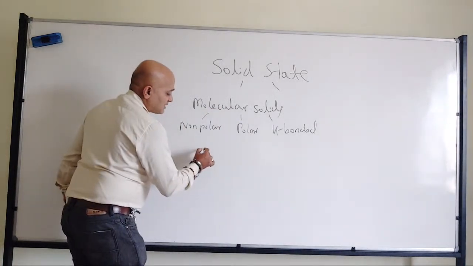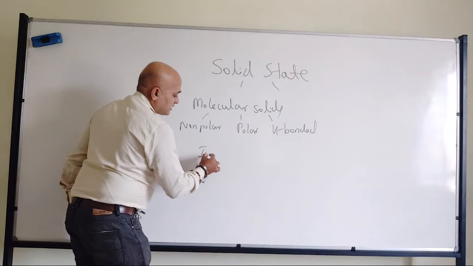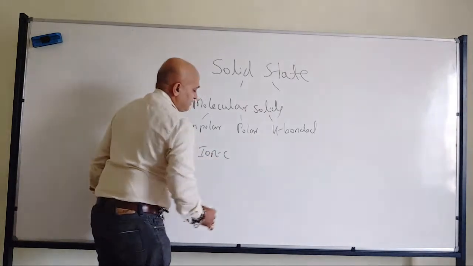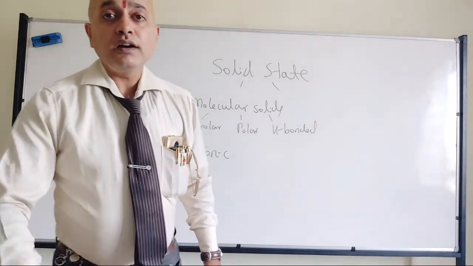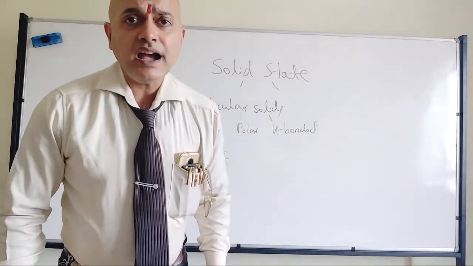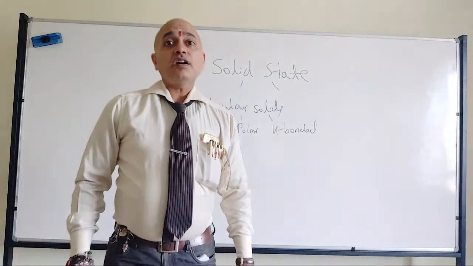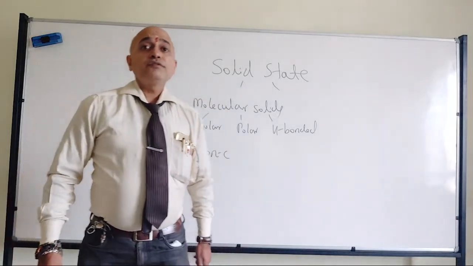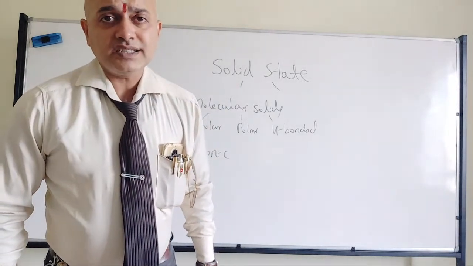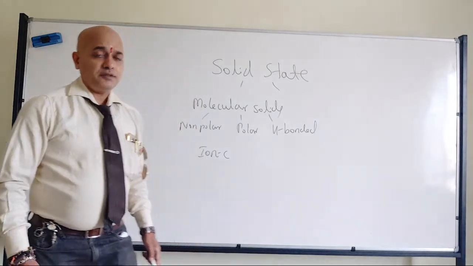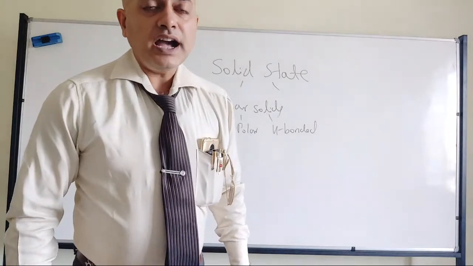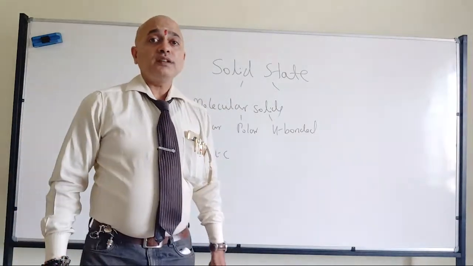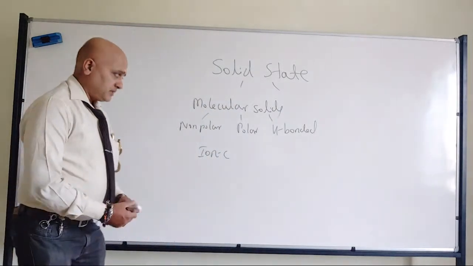Then we have discussed ionic solids. Manganese oxide, someone had asked, right? It will be somewhere around 535 degrees Celsius. So ionic solid, the melting point will be 535.